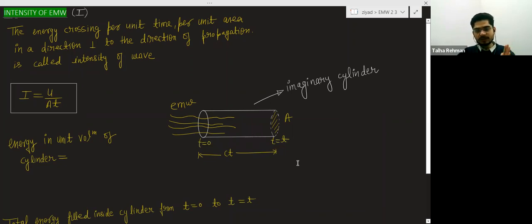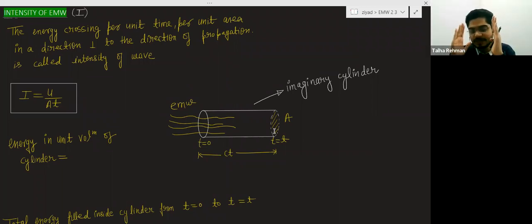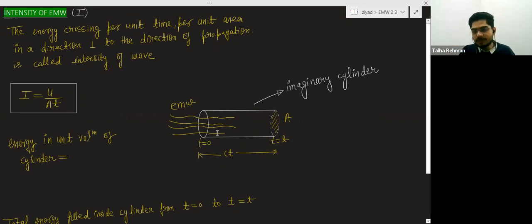Means the energy crossing, we are only interested in the energy entering at t is equal to 0, and the amount of energy that will be contained in the cylinder at t is equal to t. So we have just chosen a time interval from 0 to t. In that time interval, we are seeing how much amount of energy is entering in this cylinder and how much amount of energy is contained in this cylinder. So basically, this is the electromagnetic wave, and here is no medium.